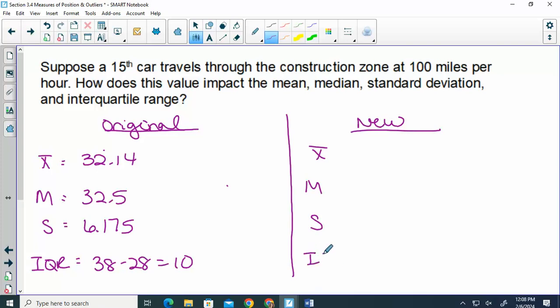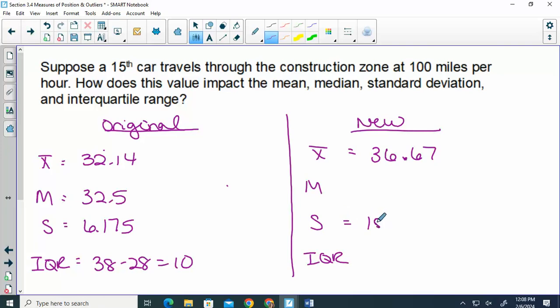So we want to go back to our list, and you want to add one more point on the end of 100. So now if we look, our mean is 36.67.